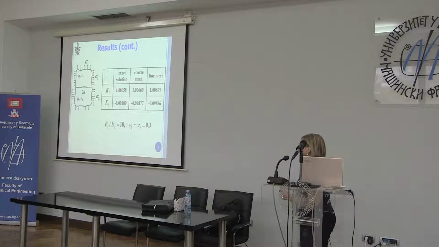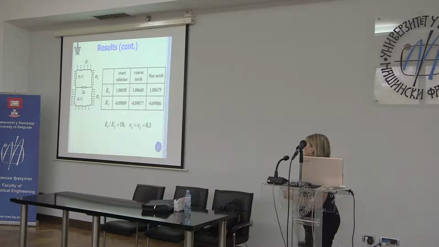Well, we have the exact solution, which was one I showed you earlier today. So K1 is approximately 1. I have a feeling it's normalized with respect to sigma square root of pi a. And K2 is much smaller, and it's K2 that's difficult to get because it's so much smaller than K1.